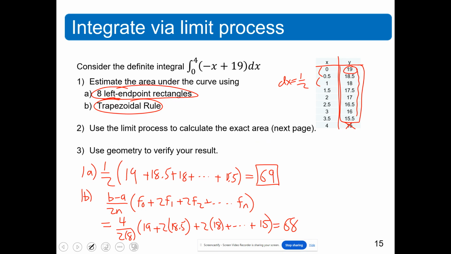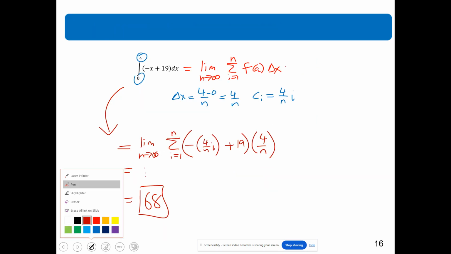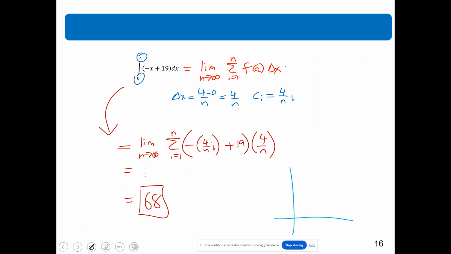Because it turns out that this thing is just a line. It's just a line with a slope of -1 and a y-intercept of 19. And we're going to 4, starting at 0. So it's really just this trapezoid here.